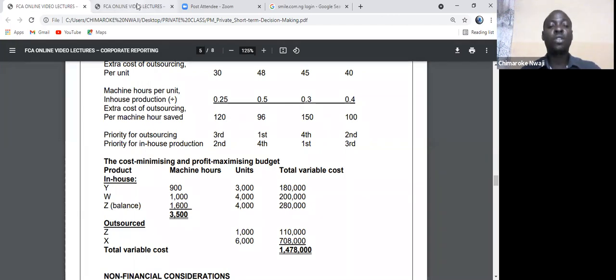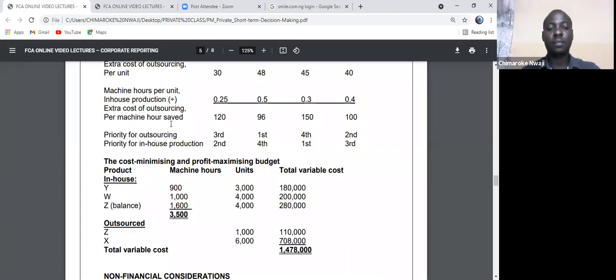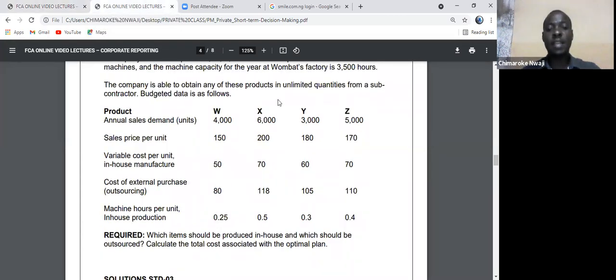Now, according to the question, our demand for Y is 3,000. But what is the machine hours available?